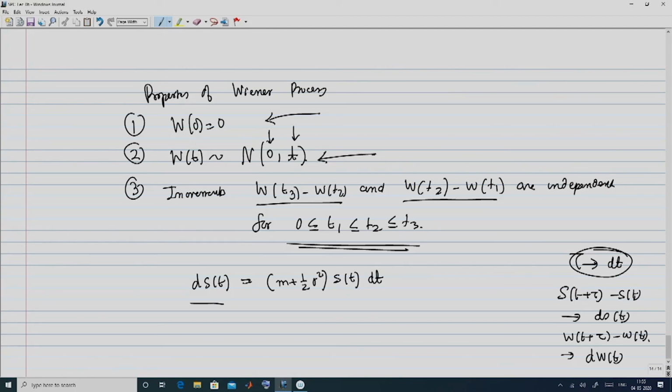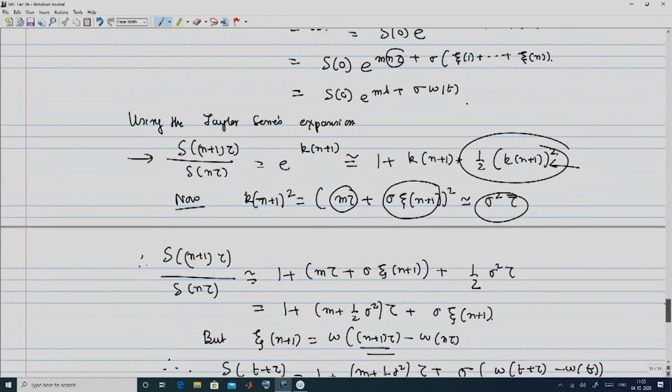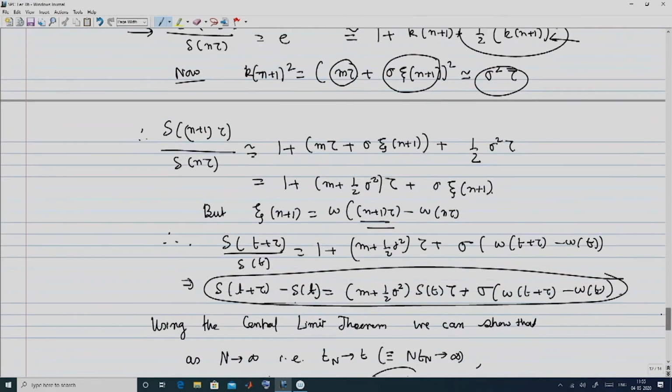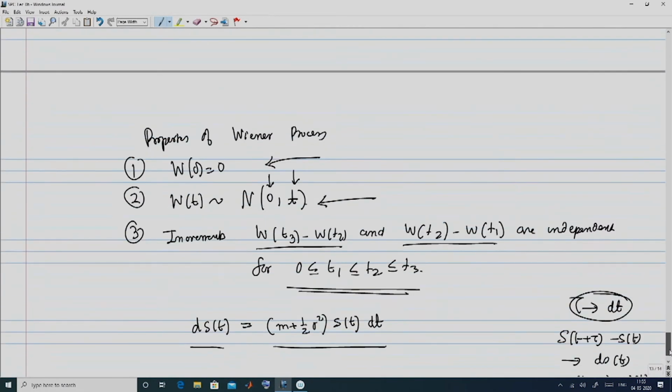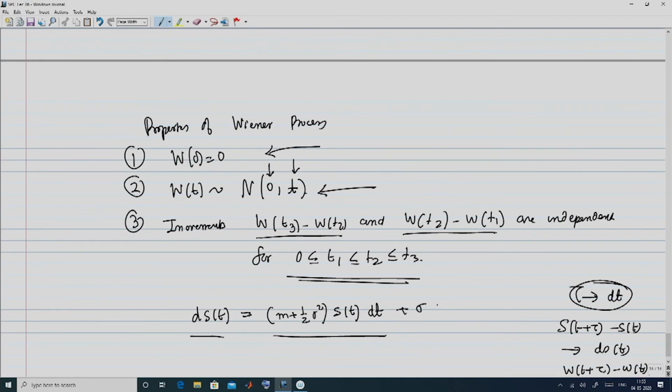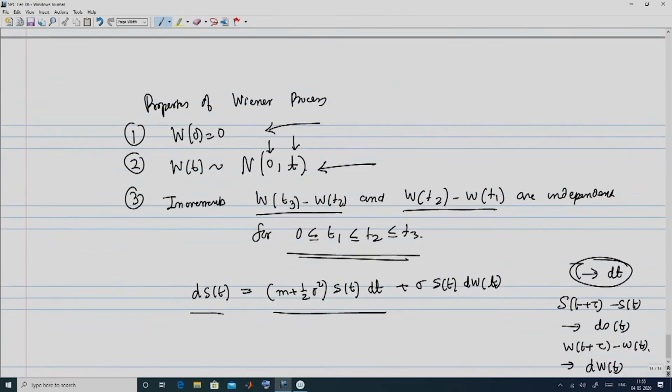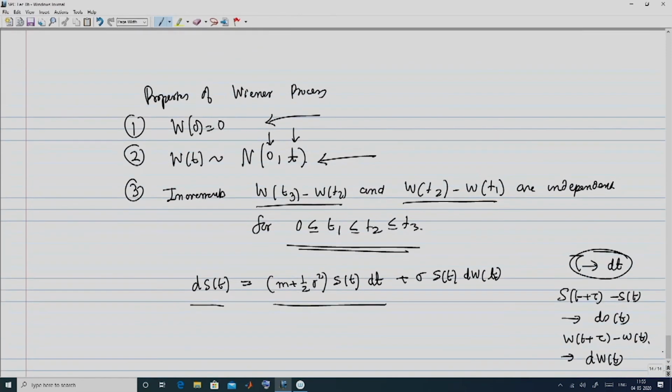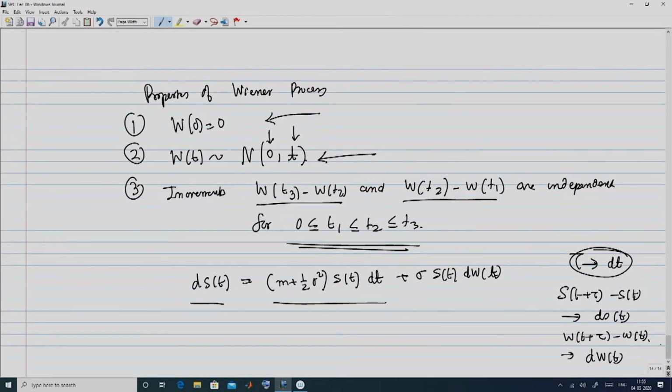So, this becomes m plus half sigma square times S(t) dt, plus sigma into S(t) into dW(t). And this S(t) which shows up on both sides is because you had an S(t) in the denominator. We had S(t plus tau) minus S(t) over S(t), so that has come to the top part.